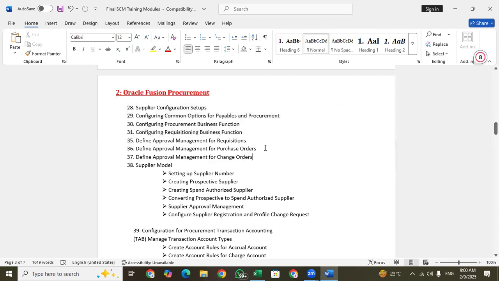After that, we can start with the procurement configurations and requisition configurations. Okay, then what are the approvals? Say, for example, if I want to purchase 100 laptops for my company, 100 laptops is not a simple amount, right?